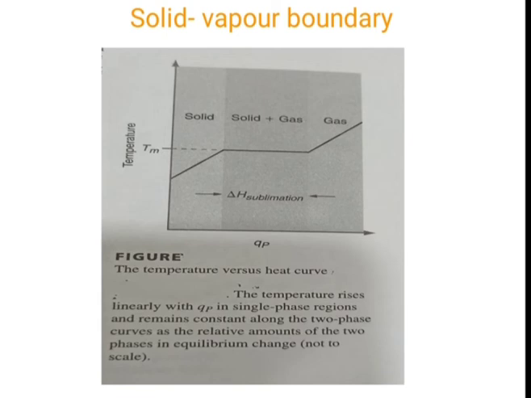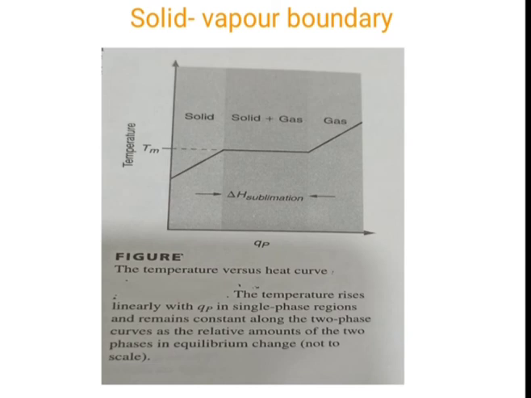As we have seen the cooling curve of the liquid water and the vapor, and the liquid and solid, same way here is the curve of solid and gas. Initially only solid is present. As time goes on, or as we increase the pressure, the solid plus gas mixture is there, and finally only pure gas.